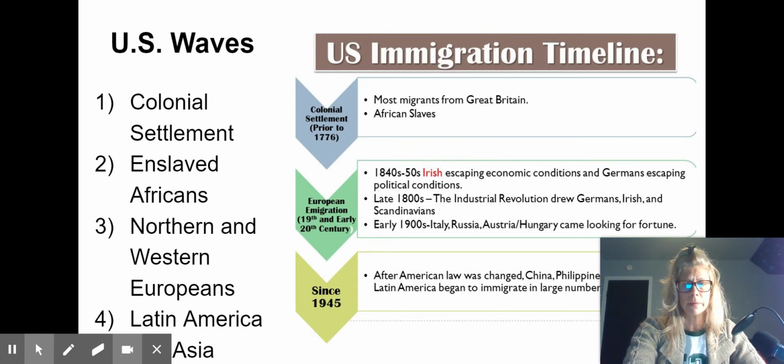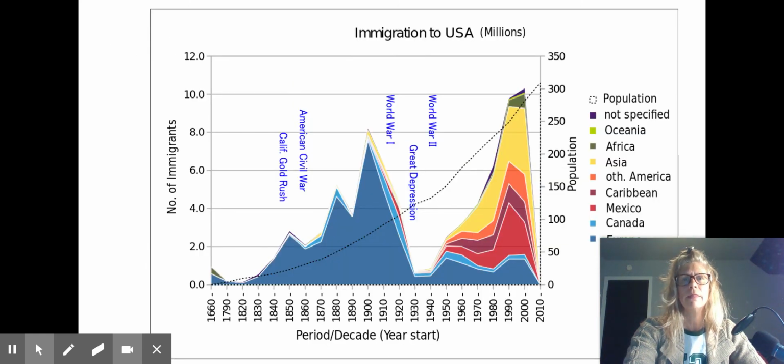Now, after the main world wars, you start to see a shift of people, not so much from Europe anymore, but from Latin America and Asia. Okay, so that's going to be your fourth wave. This is kind of a cool chart that shows you those four main waves, and you can see over to the side where most people were coming from.